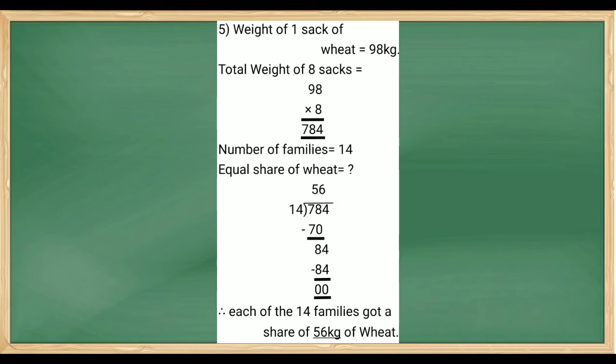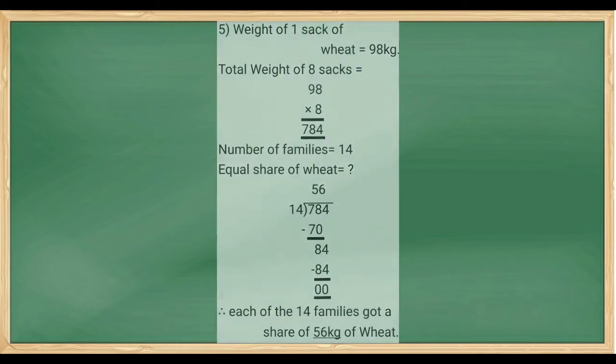Later, to find out the share of each family, we shall divide 784 by 14. On dividing, we get the quotient 56. Therefore, each of the 14 families got a share of 56 kg of wheat.